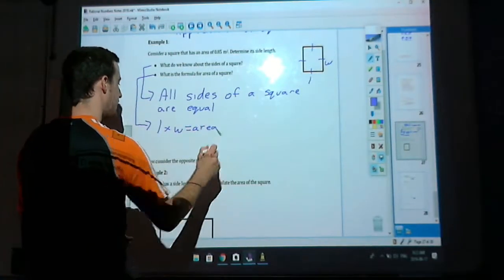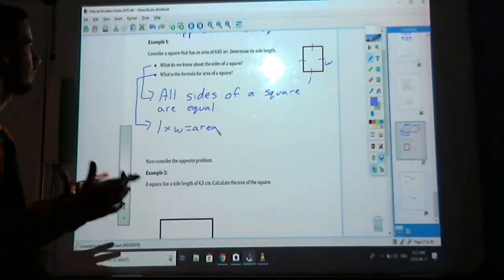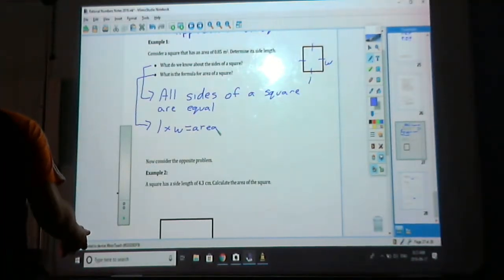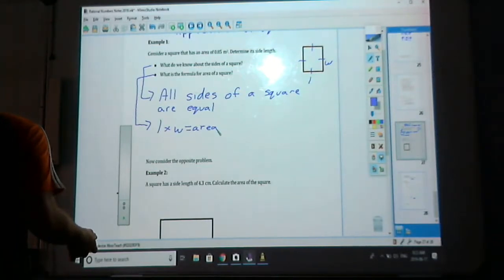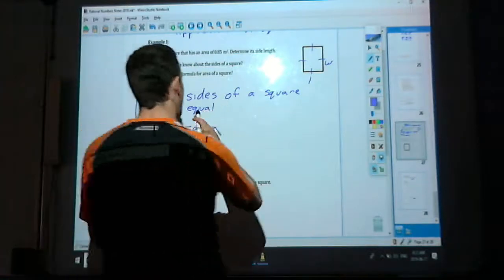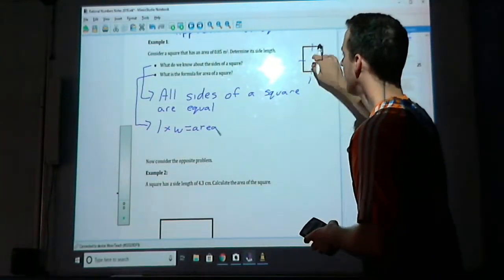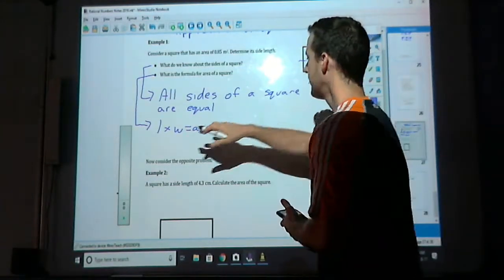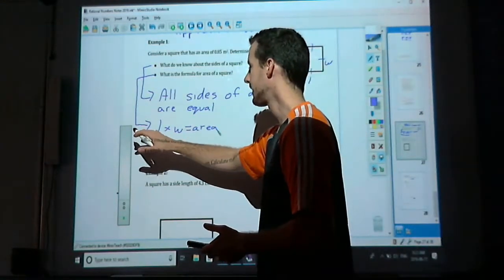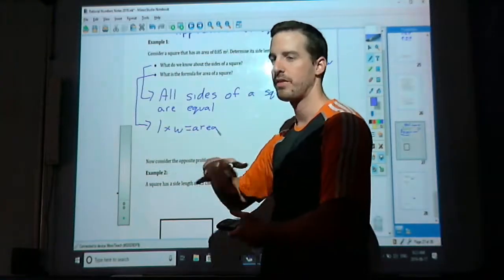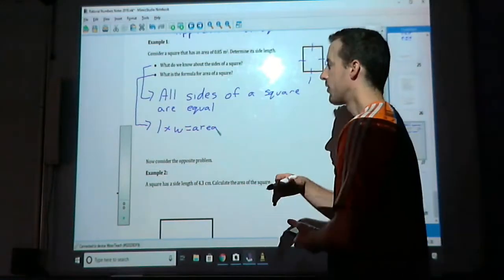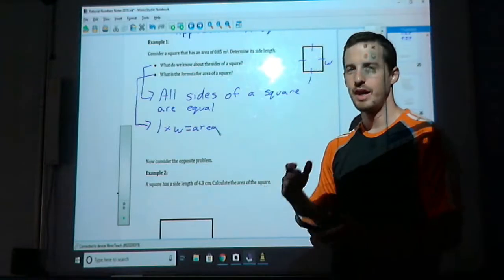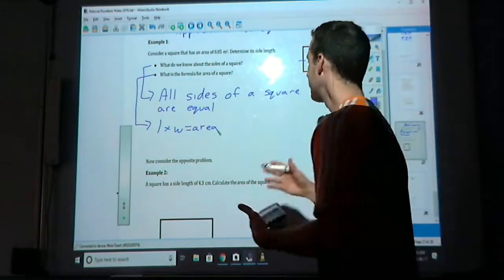Okay, and so we can use this to solve all of our problems. So the first step here is to determine the side length. If we have the area, we can simply square root it. Because no matter what, if we go length times width, that's the same as length times length or width times width, because all of the sides are the same. So what does a square root do? It helps find what number times itself equals that.